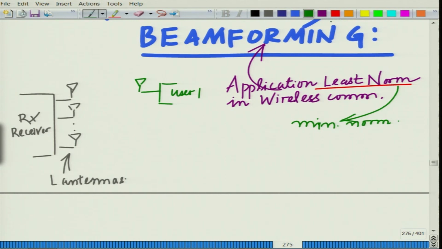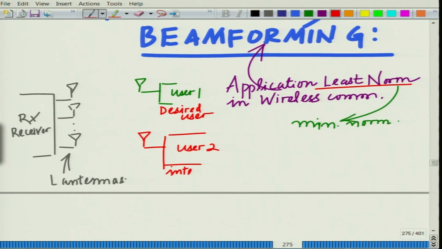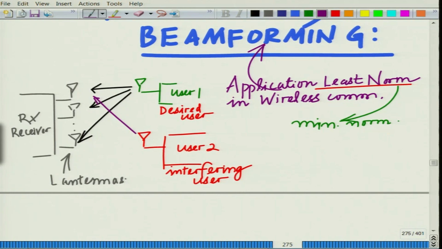So, you have user 1 who is the desired user and user 2 who is the interfering user, and you have a channel between each user and the receiver, right.